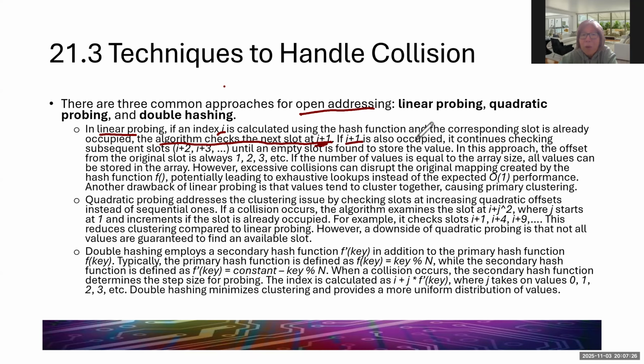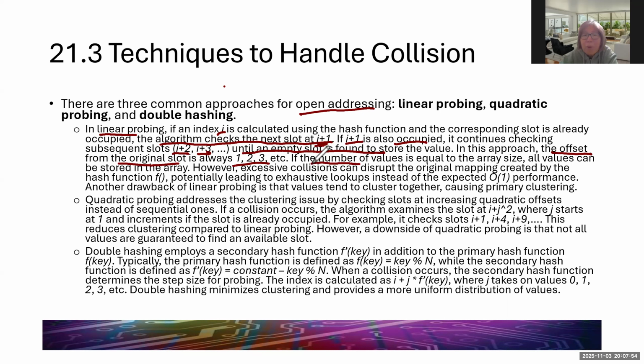If I plus 1 is also occupied, check I plus 2. If I plus 2 is occupied, move to I plus 3, until an empty slot is found. Then you store that value. So in this approach, we can clearly see the offset from the original index is going to be 1, 2, 3, and so on.